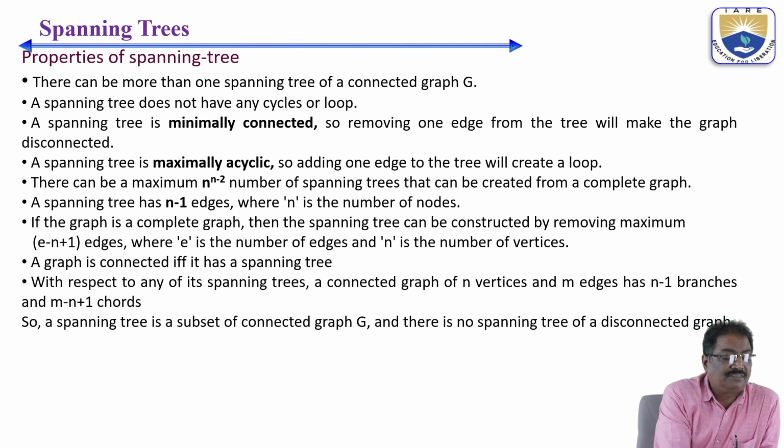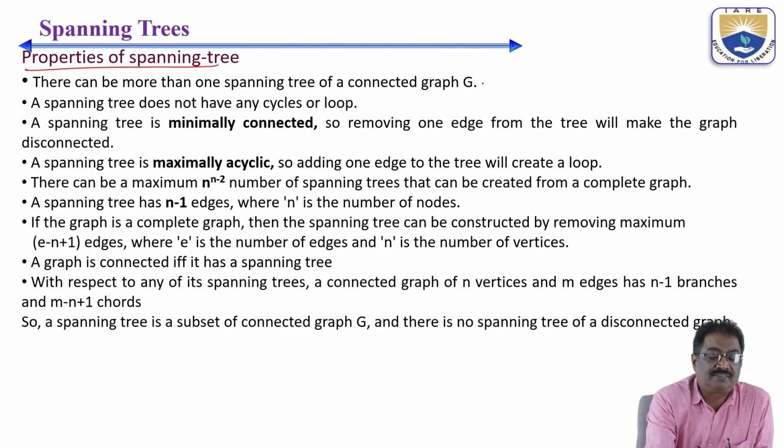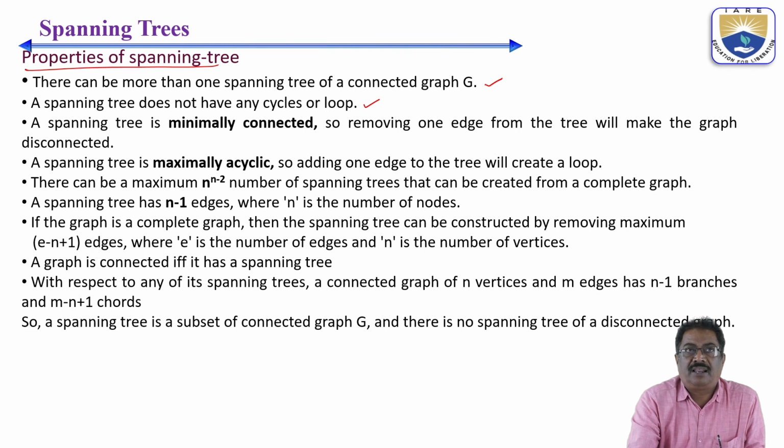Now, what are the properties of spanning trees? There can be more than one spanning tree of a connected graph, as we discussed. A spanning tree does not have any cycle or loop because the subgraph is itself a tree.